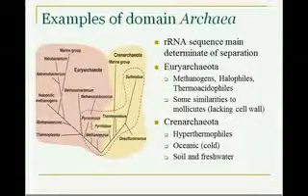Those conditions mimicked early Earth 3.5 billion years ago. These probably are some of the older organisms, and it's not that they've changed to survive in these conditions. It's probably that they developed in these conditions.